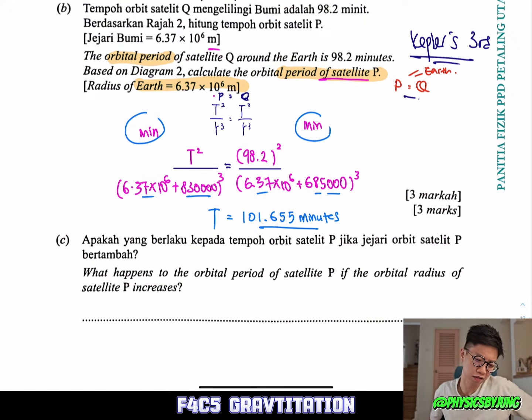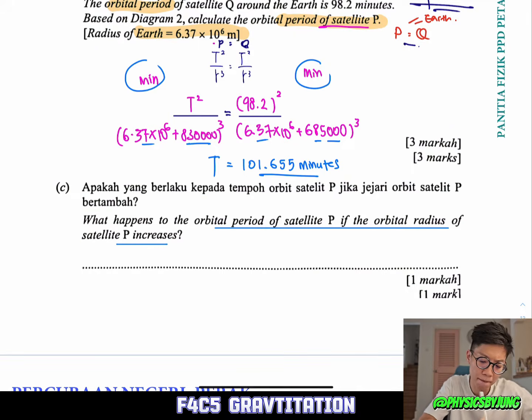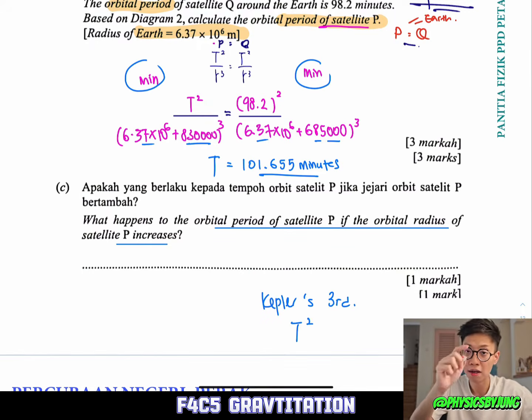Easy, right? Okay, so T squared over R cubed, no problem. Okay, so next. What will happen to the orbital period if the orbital radius of satellite P increases? I don't know if you guys know this, but what is the meaning of Kepler's third law? There's a definition. They say that the period of the satellite, the orbital period, is directly proportional to the cube of the orbital radius.